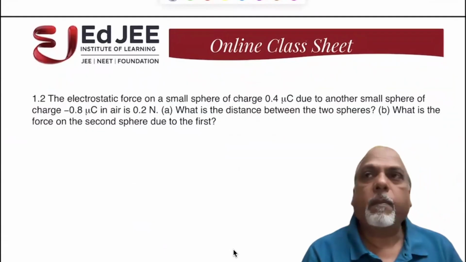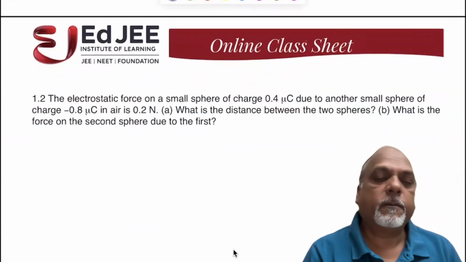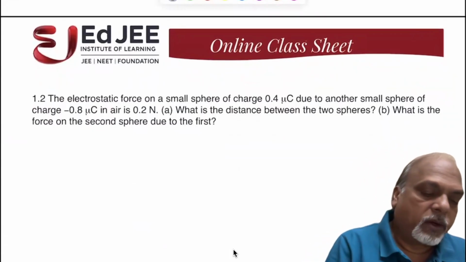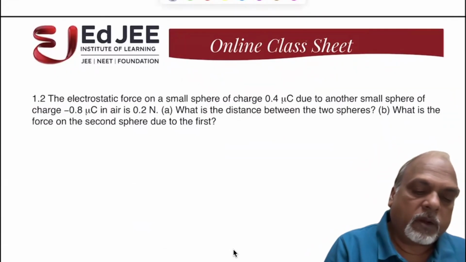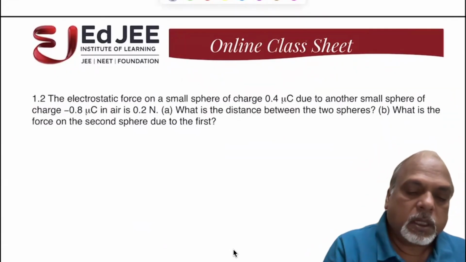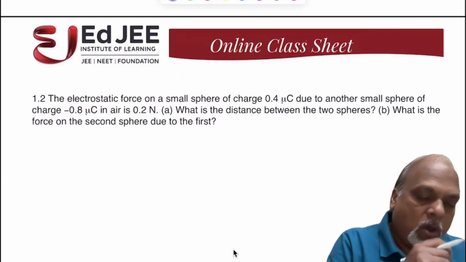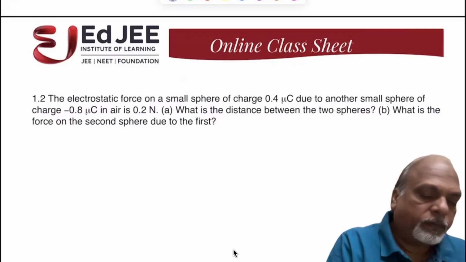This is the second question of the exercise. The electrostatic force on a small sphere of charge 0.4 microcoulomb due to another small sphere of charge minus 8 microcoulomb in air is 0.2 Newton.